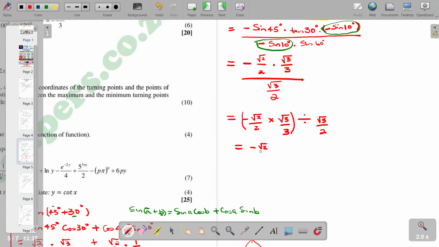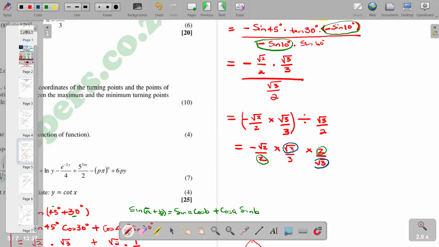negative root 2 over 2 times root 3 over 3 here multiplied by, this one changes the moment we change the sign there, it becomes 2 over root 3. And as you can see here we are having a denominator of 2. Here we are having a numerator of 2. They divide each other to get a 1. Further on, if you look here we are having a root 3 on the numerator.